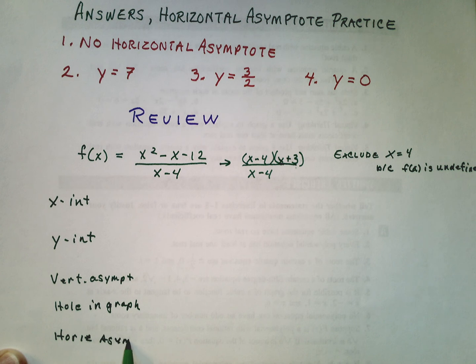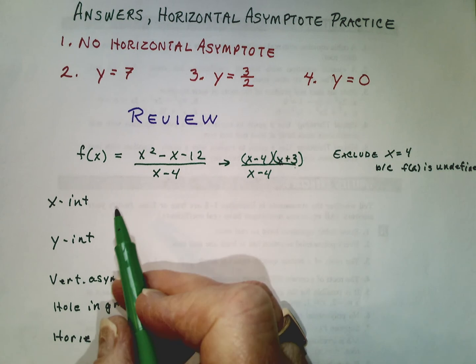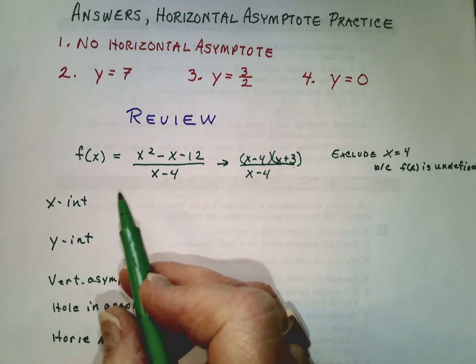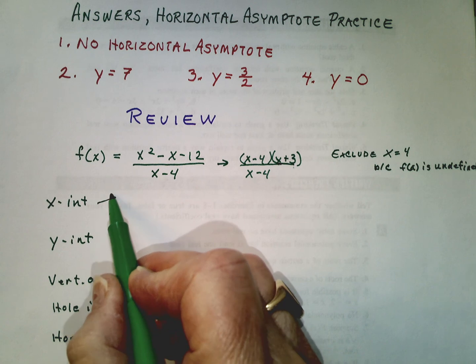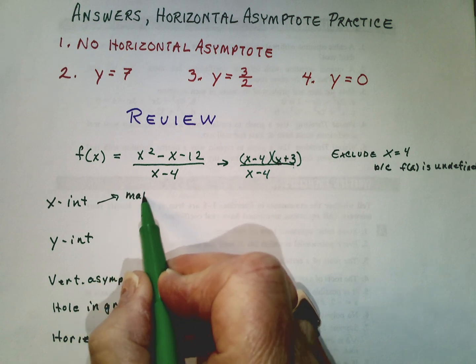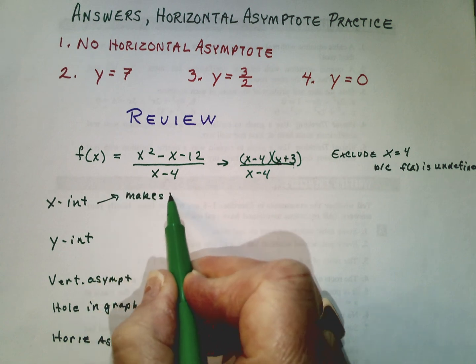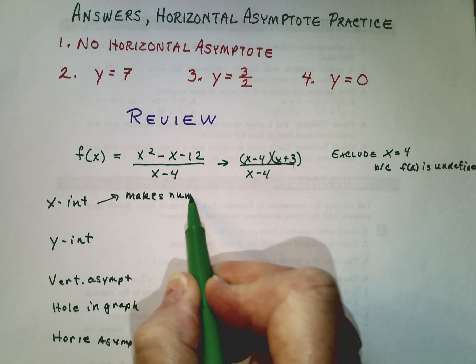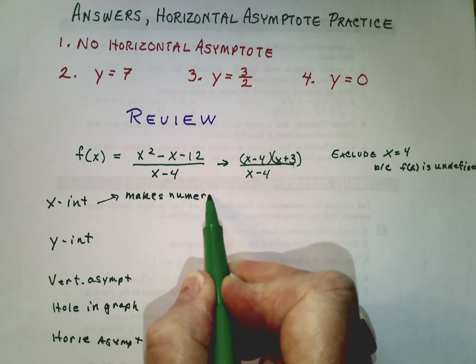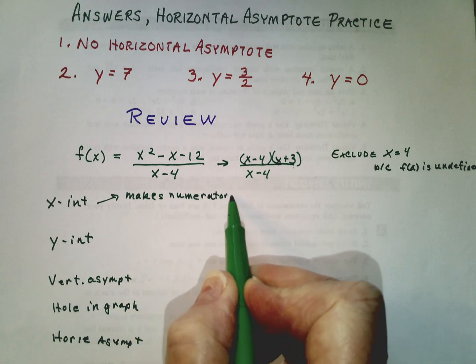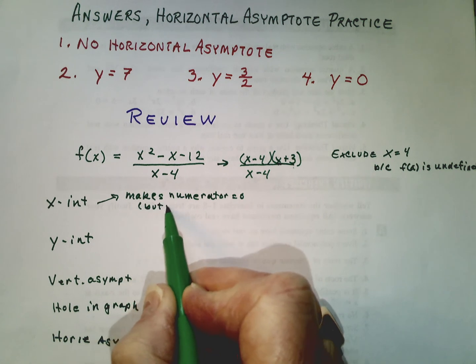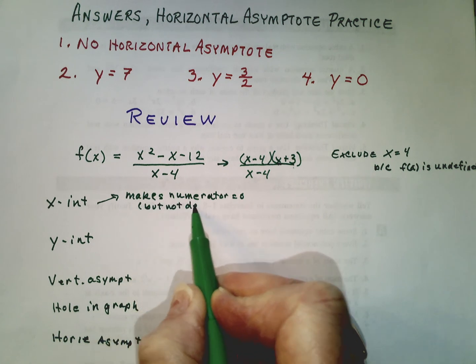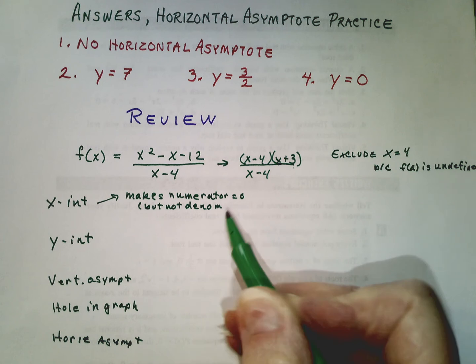And I hope I saved enough space. So the x-intercept, that's anything that makes the numerator 0, but not the denominator. Because we can't have the denominator being 0.